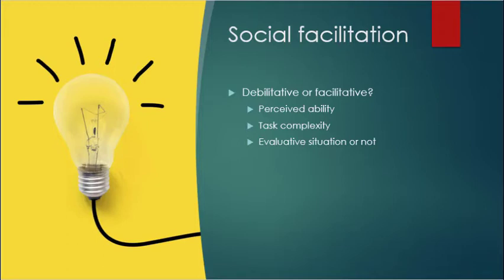So again, it's important to understand that social facilitation theory on performance and arousal will indicate that it can be debilitative or facilitative based on the individual's perceived ability, the task complexity, and whether the situation is evaluative or not.